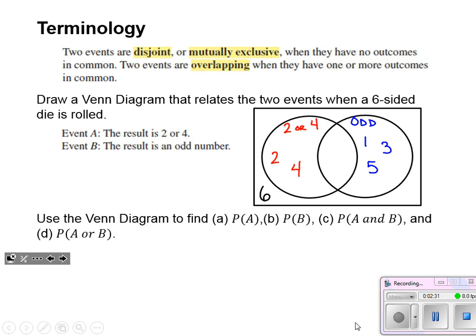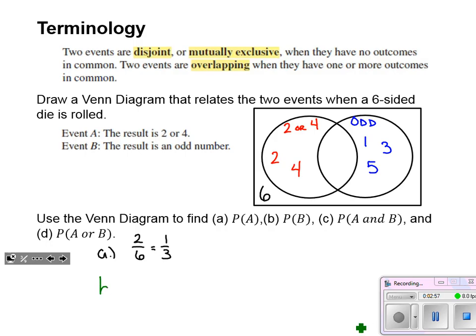All right, so now we're going to use that Venn diagram to find some different probabilities. Letter A. What is the probability of rolling a 2 or a 4? Well, I can see in red, inside that circle, I've got 2 possibilities out of the 6 total possibilities in the sample space when I roll a 6-sided die. So that probability is 1/3.